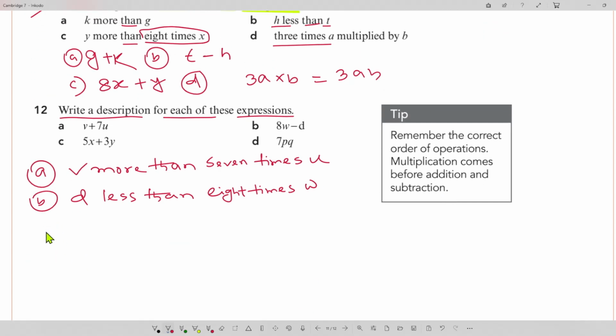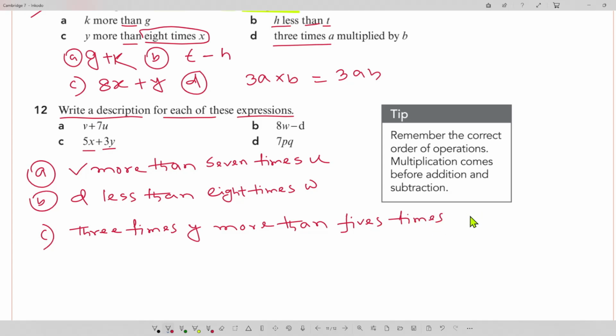Okay, then number C, 5x plus 3y, we can write 3 times y more than 5 times x.